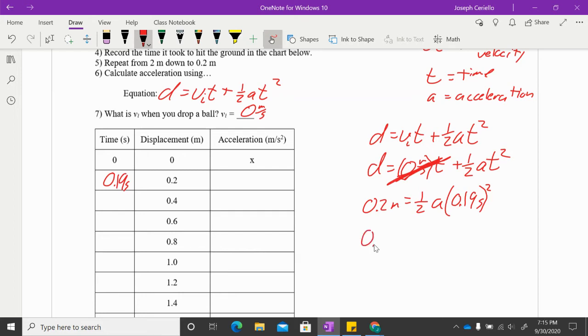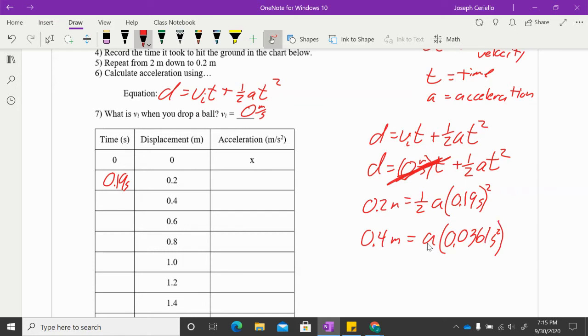So we have 0.4 meters equals a times, and let's quickly square 0.19. 0.19 times 0.19, we get 0.0361 seconds. The seconds get squared as well, but that's just a unit. It's just along for the ride. Mathematically, it doesn't affect this number over here.